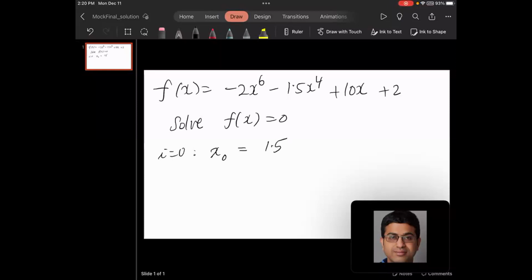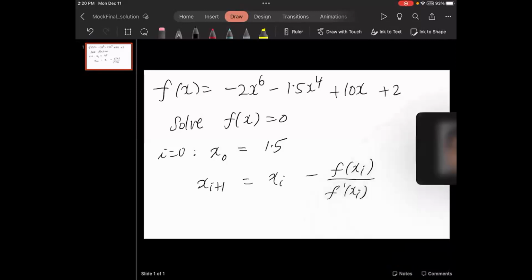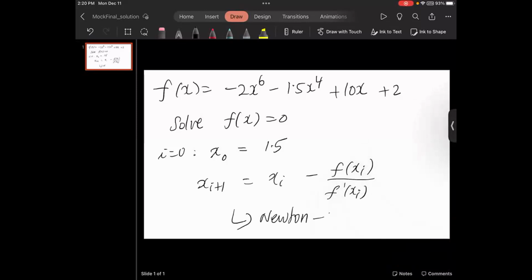So what is the method? The method is xi plus 1 is xi minus f of xi divided by f dash of xi. That is the Newton-Raphson method. So in the table, you are already given the initial guess.